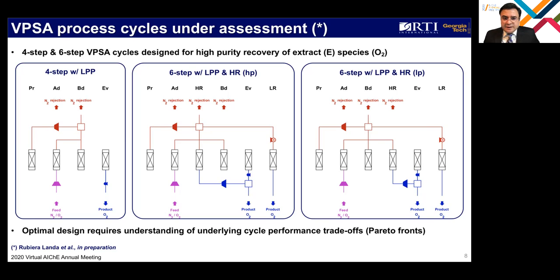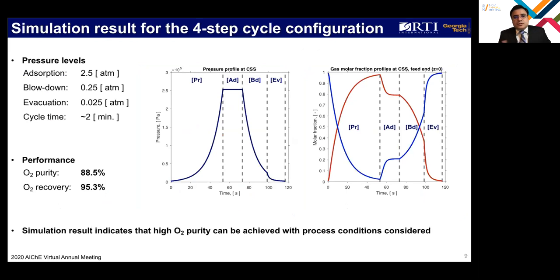And in order to understand how these cycles work and propose the design configurations, we need to understand what the trade-offs are in terms of the metrics that are used for this type of process. So just to show you an idea of what we can do with a very simple 4-step process already with this type of adsorbent, I'm showing here the results, so that with the information that we obtain from the shortcut method, we can a priori estimate some of the pressure levels that we will require in the actual process.